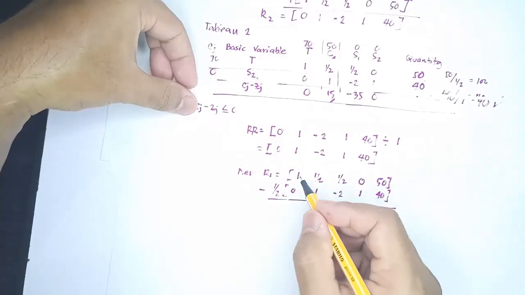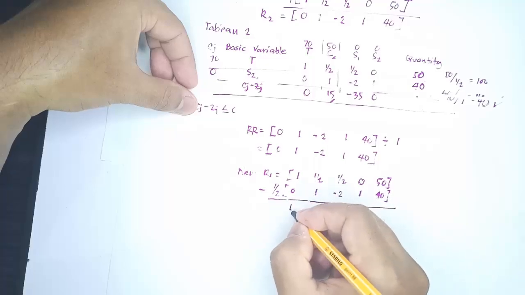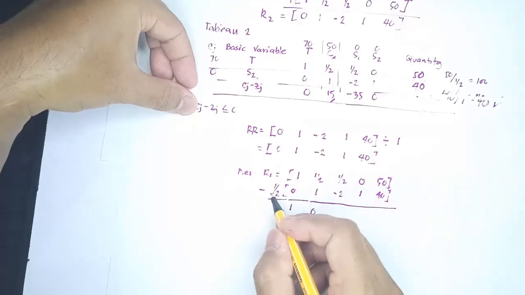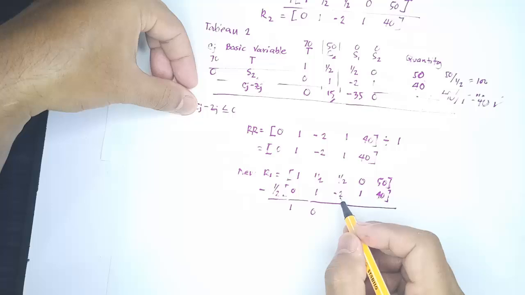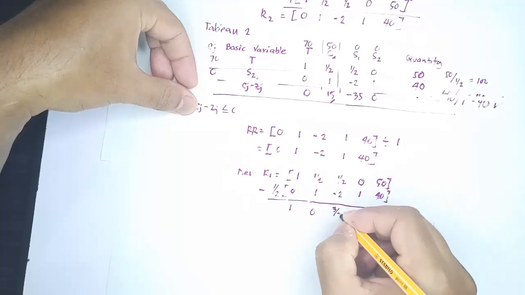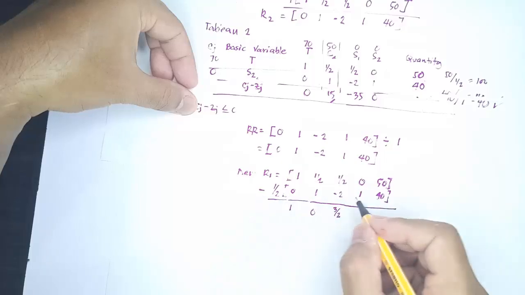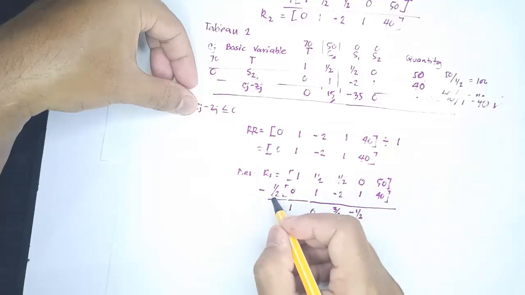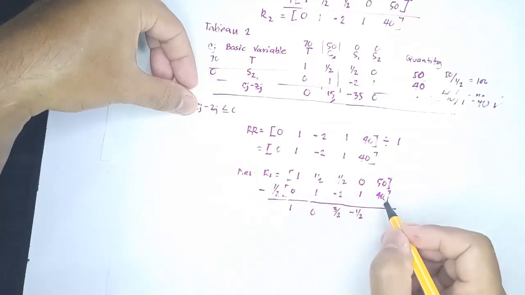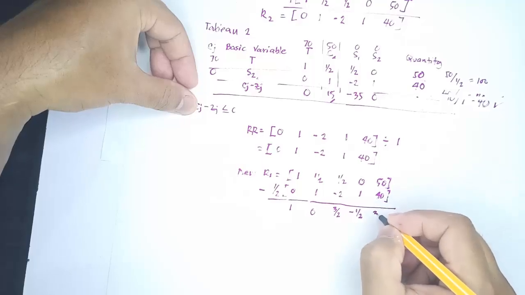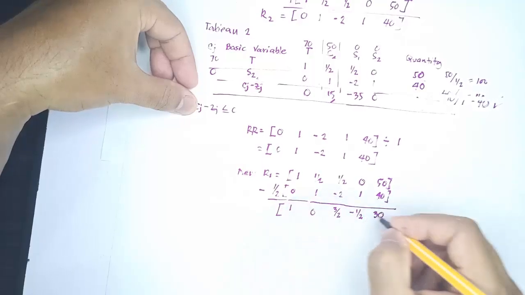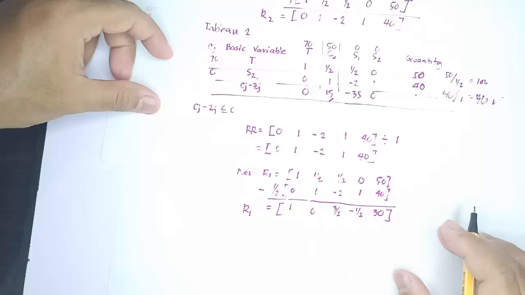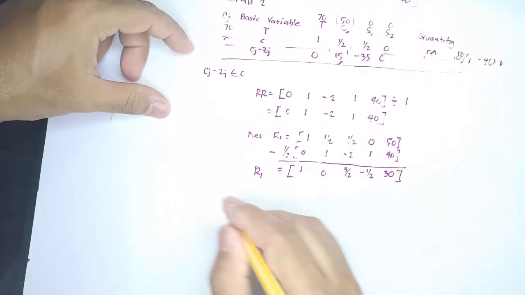The result would be 1 minus 0 is 1, 1/2 minus 1/2 is 0, 1/2, this would become positive 1, so that's 3 over 2. This is 0 minus -1/2, that's -1/2. 50 minus 1/2 times 40, so 50 minus 20, that's equal to 30. The elements of row 1. We are now ready to construct the third tableau.